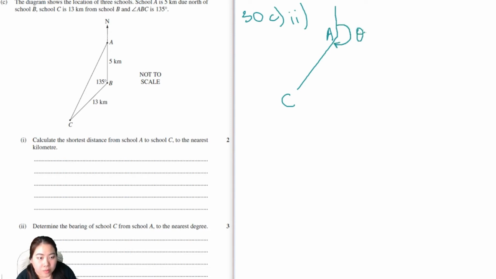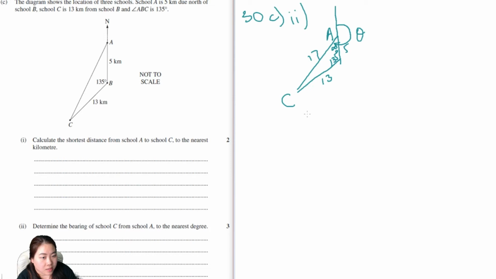They want to know how many degrees that is, and we can't find that out on its own, so I need to draw the rest of the triangle out, and I need to find this angle here first. I've just named it alpha. If I can find alpha, I can find the rest of the bearing.